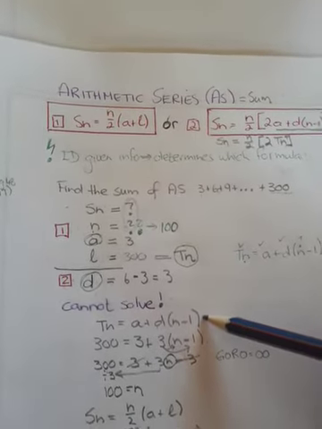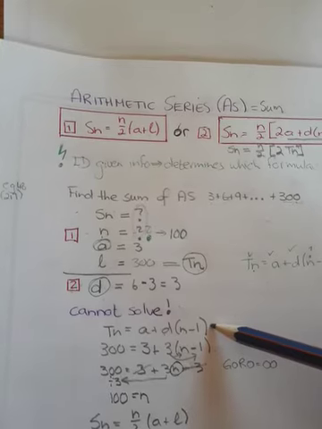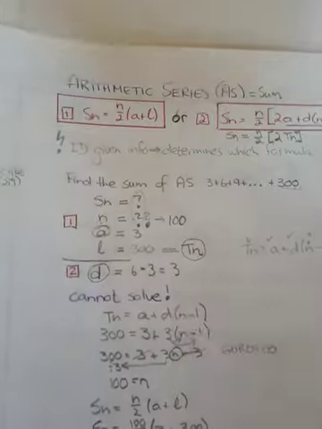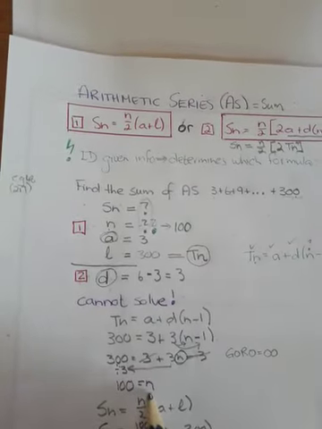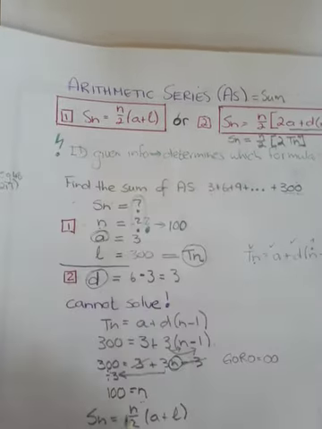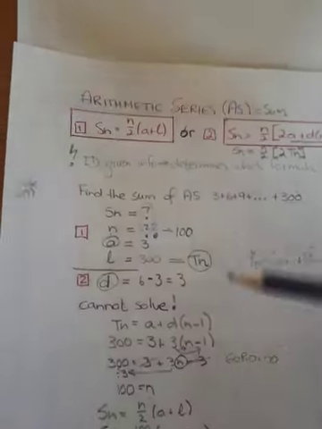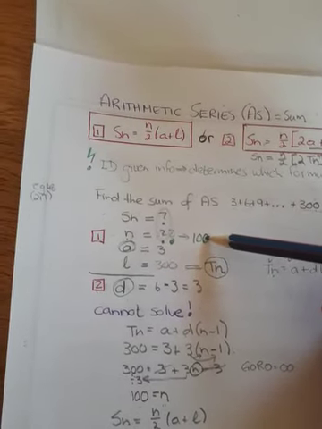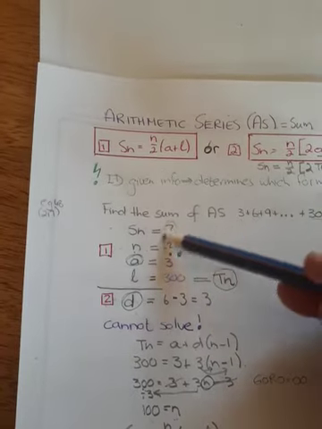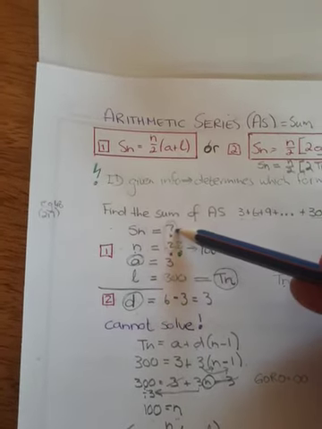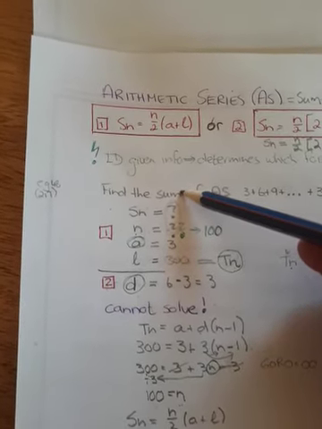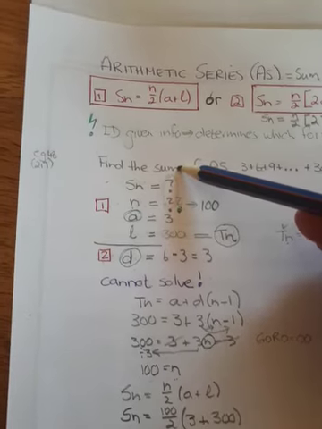I use my formula for the nth term, substitute my values, and with that I calculate how many terms will be in that series, which is 100. If I then enter my calculated answer in the place of n, I can work with my first formula, because now I only have one variable left, which is the sum, and the sum is what is being asked.